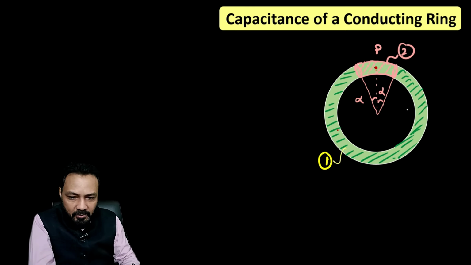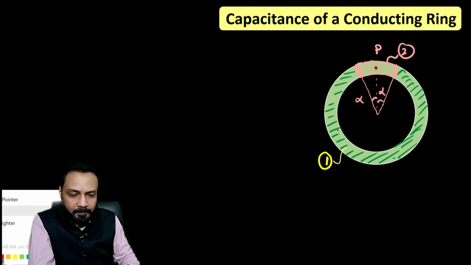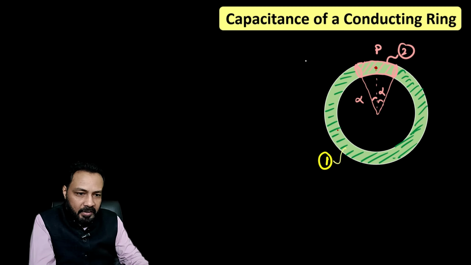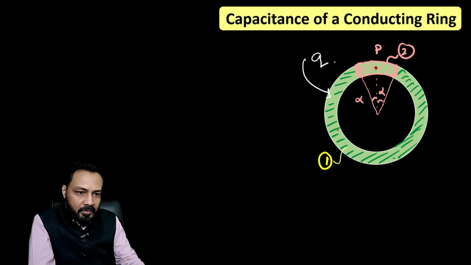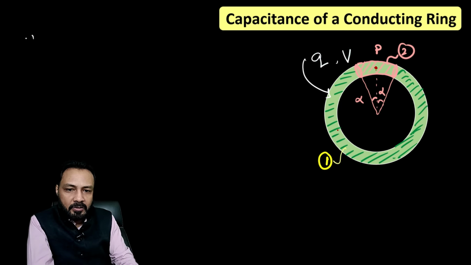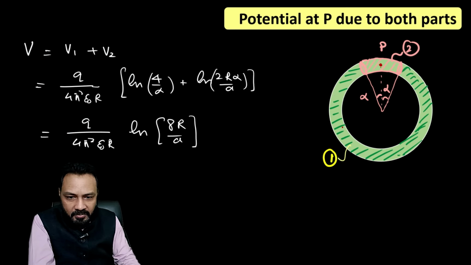Now the capacitance of this ring. We gave a charge q here, and the potential becomes V. So capacitance is equal to q by V. Got this V, q upon 4 pi square epsilon naught, and this ln 8r by a.